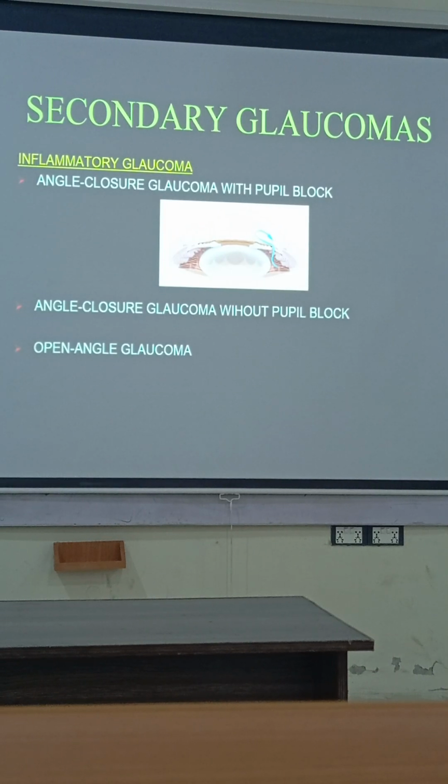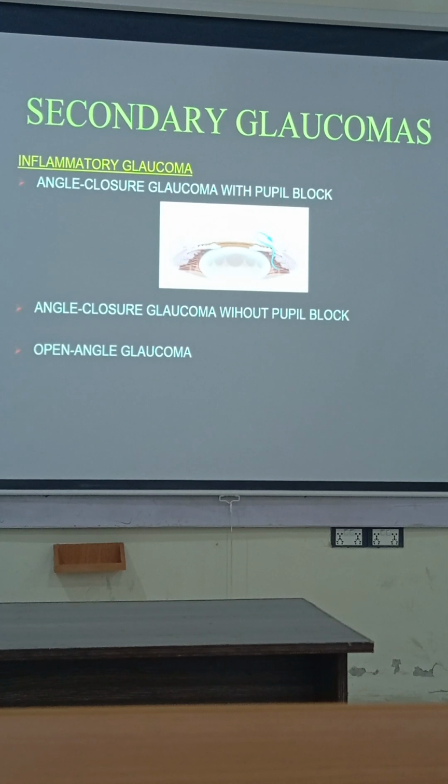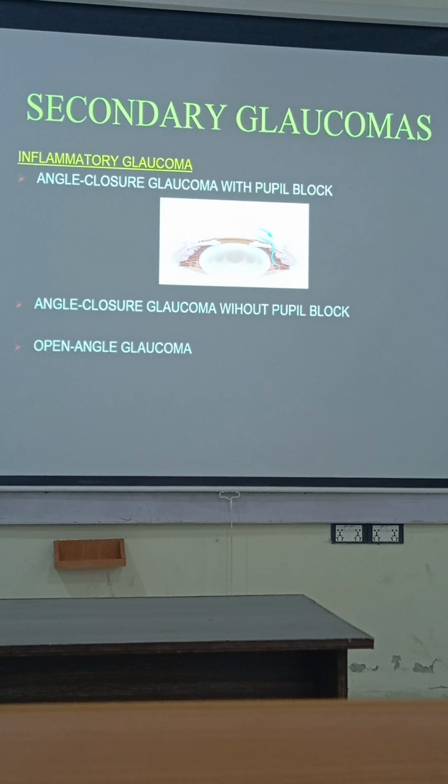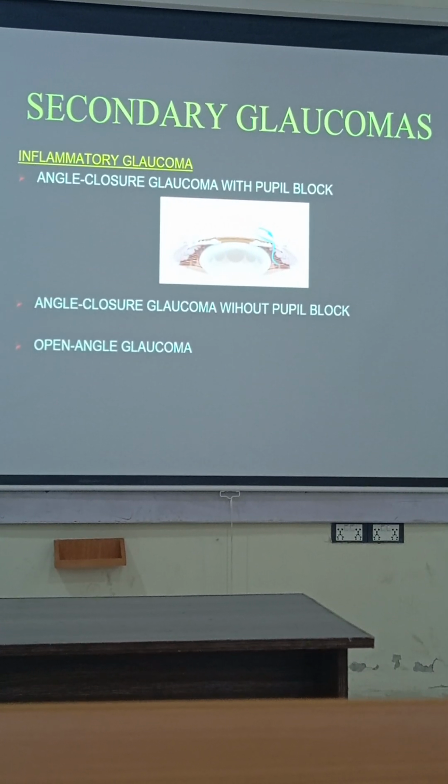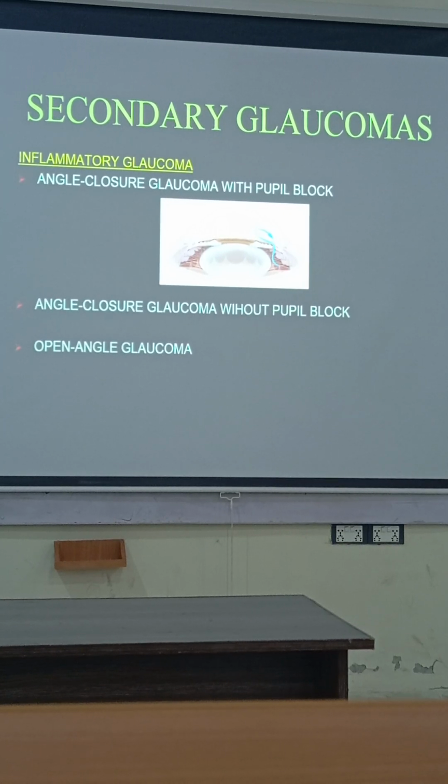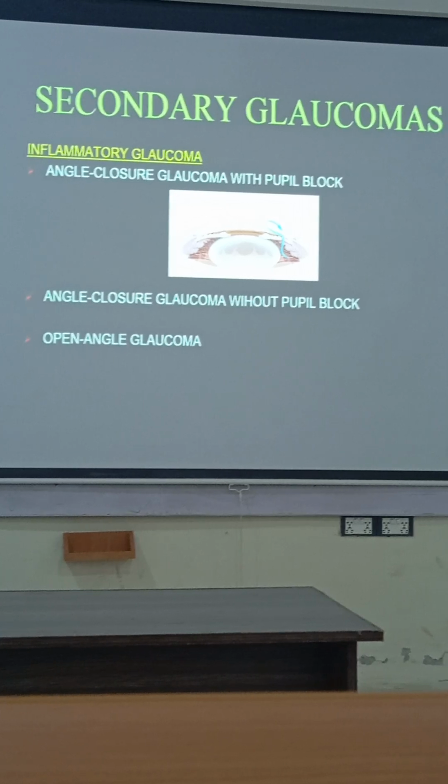Then inflammatory glaucomas. Inflammatory glaucomas are because of anterior uveitis. जैसा कि आप लोगों ने uveitis पढ़ा है, if there is inflammation of the iris or ciliary body, it will cause secretion of the inflammatory cells and plasma proteins.